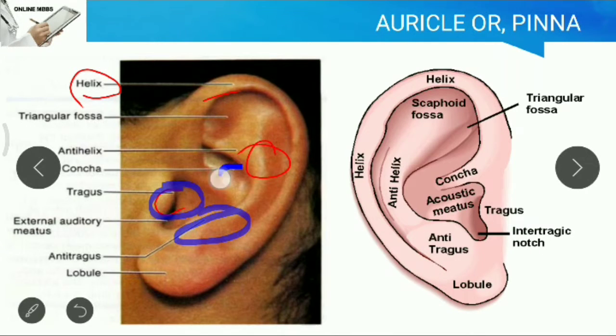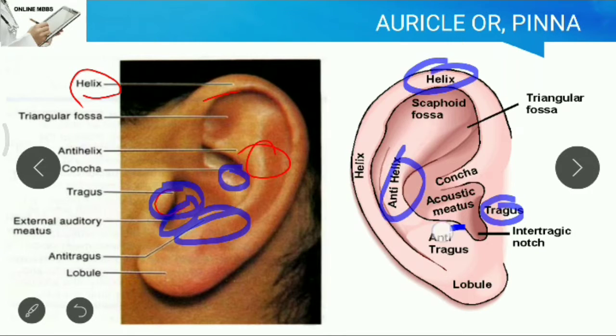And this one is known as the concha, and this is the external auditory meatus. So this is the helix, this is the antihelix, this is the tragus, whereas this is the antitragus.